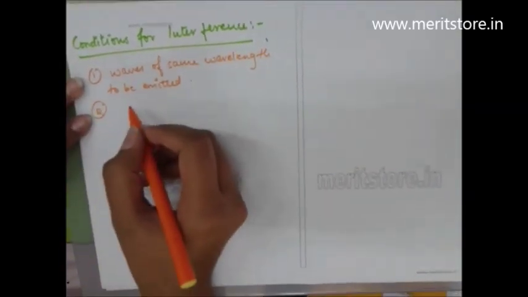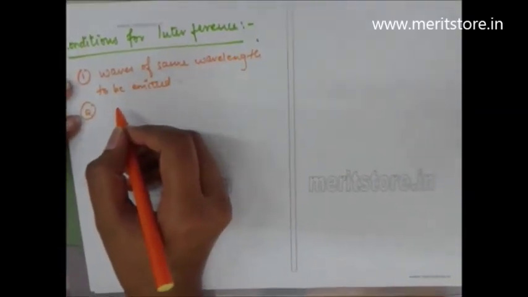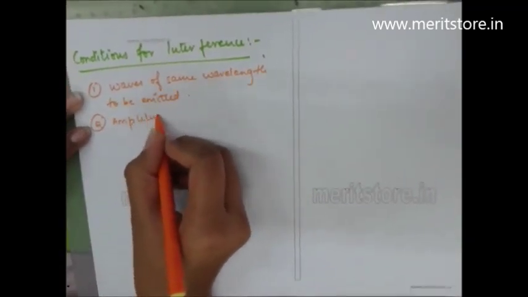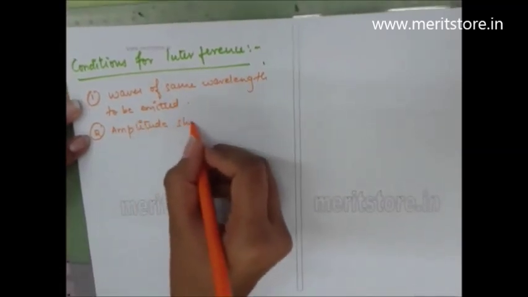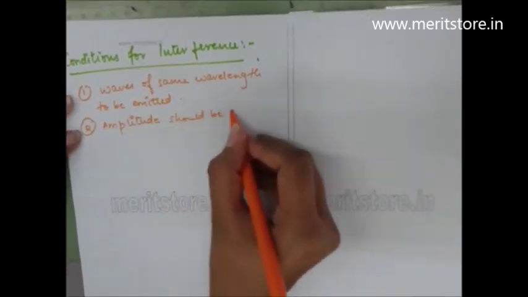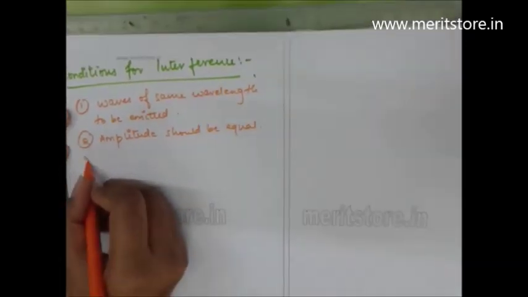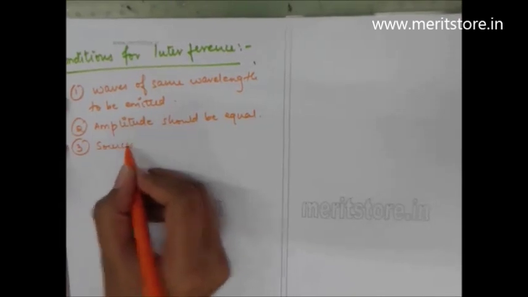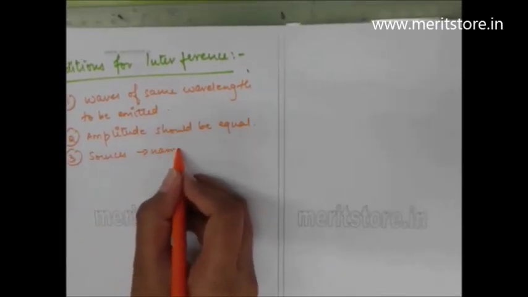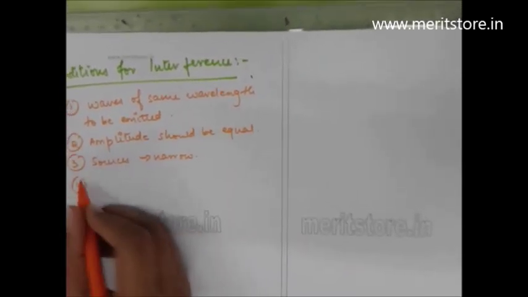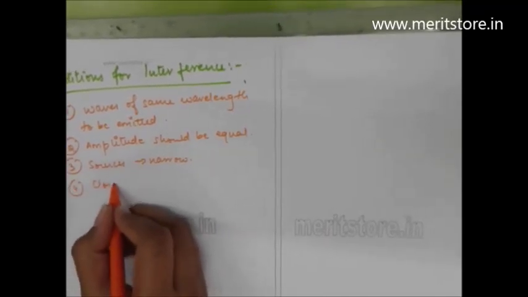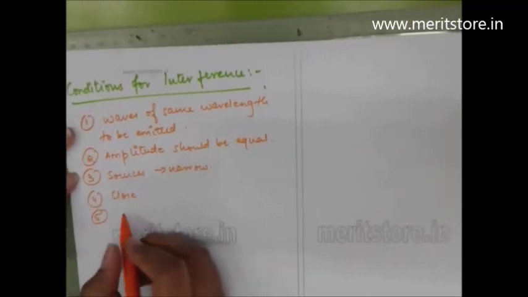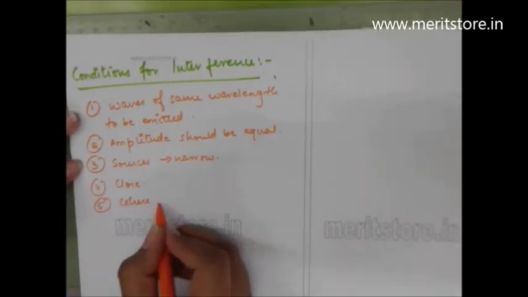Second point, the amplitude of two waves should either be or nearly be equal. The two sources should be narrow. The sources should be close to each other. And the last one, the two sources should be coherent to each other.